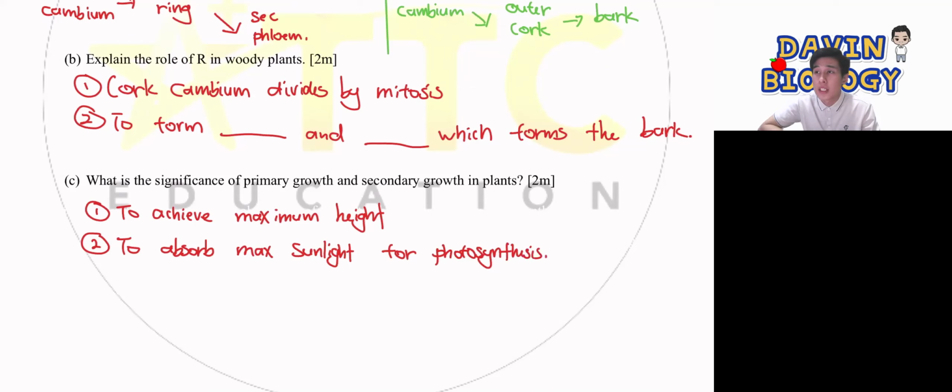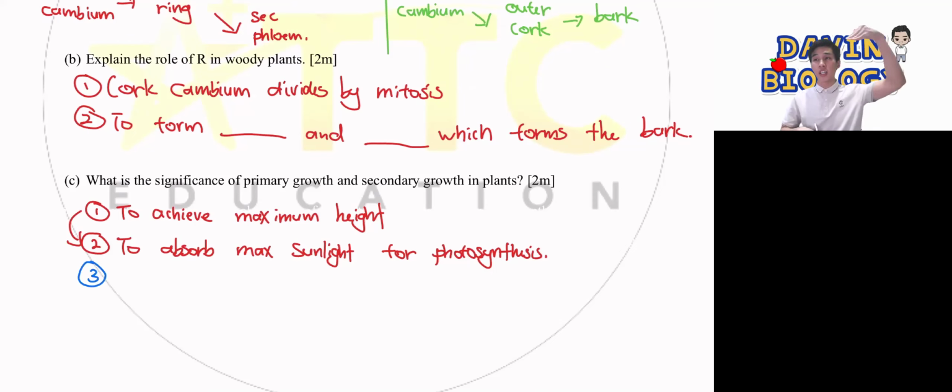How about to carry out photosynthesis? Yeah, I just mentioned that. So if you grow taller, then after you grow taller, you can absorb sunlight for photosynthesis. Exactly, correct. You are right.